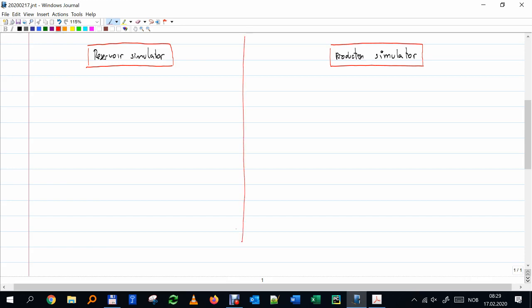Okay, and at every time step, let's say a time step equal 1, I estimate PR, that can be pressure in every cell. I can estimate saturation in every cell.